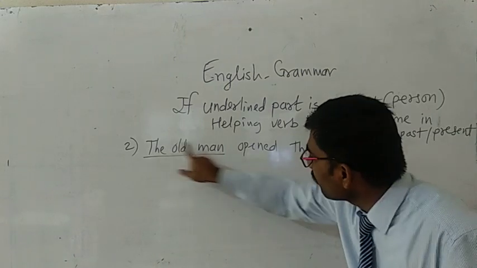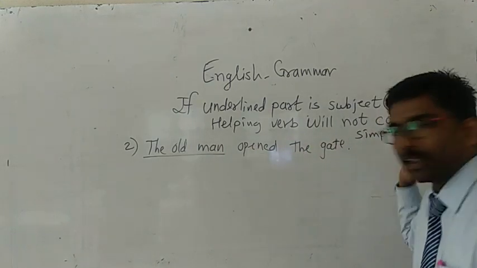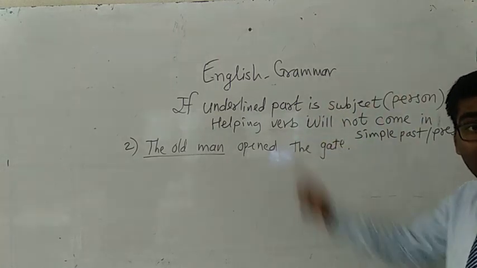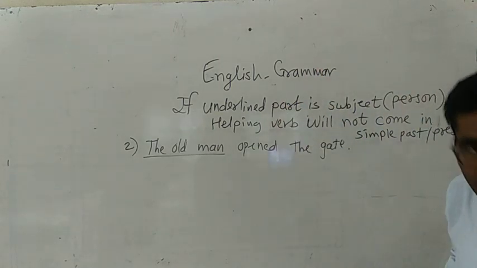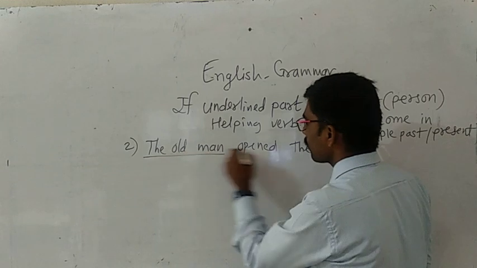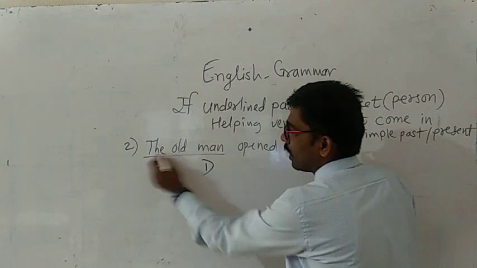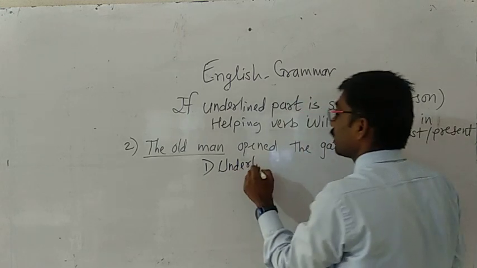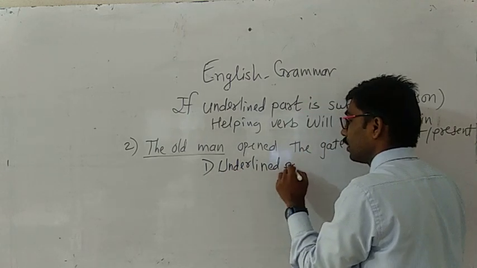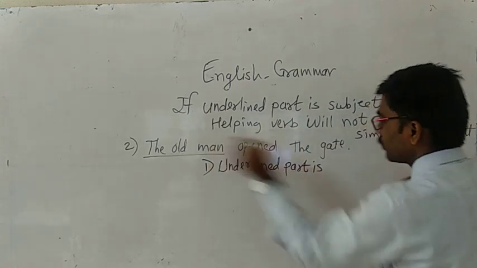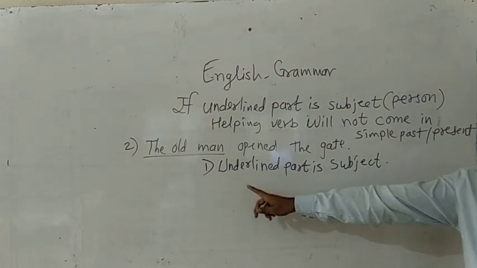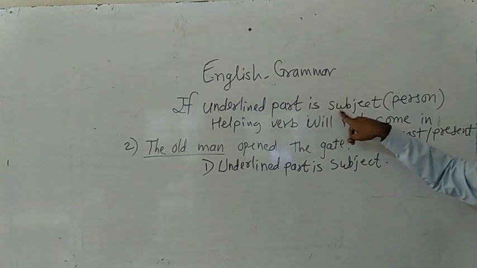So, the old man opened the gate. Here all the rules suit. We can use all these rules. The underlined part is the subject. First rule I got here: if the underlined part is the subject.